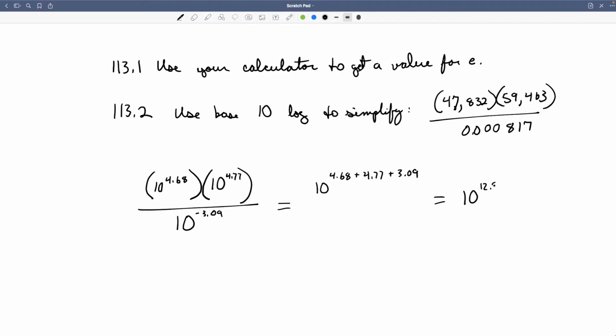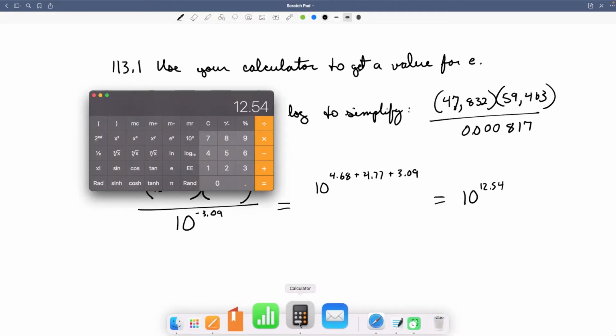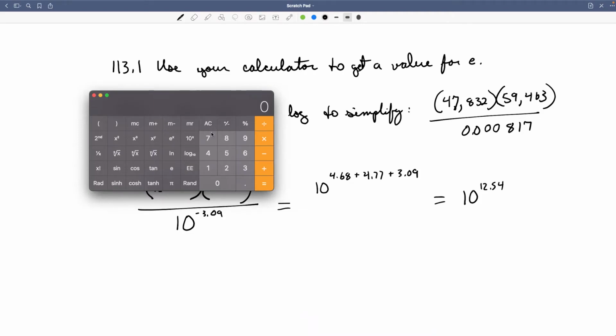Now what we're going to do is use the inverse log key to find the anti-logarithm. So we're going to just use this key here, 10 to the 12.54, and that's a really big number. What we're going to do is write this in scientific notation.